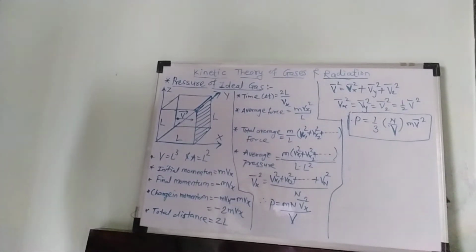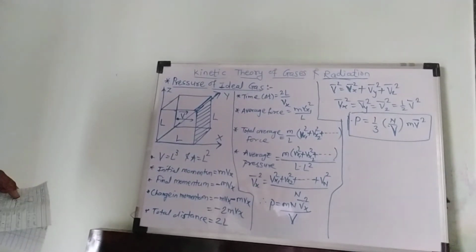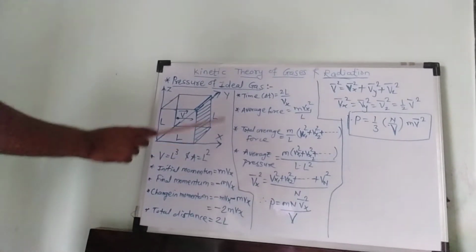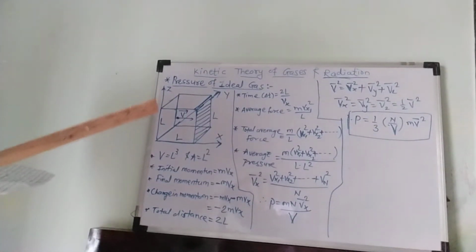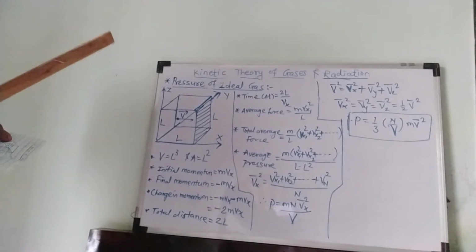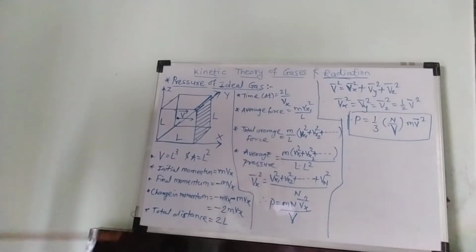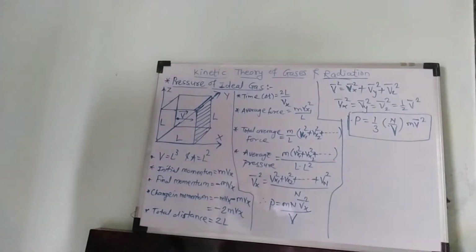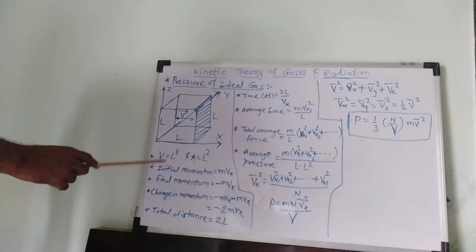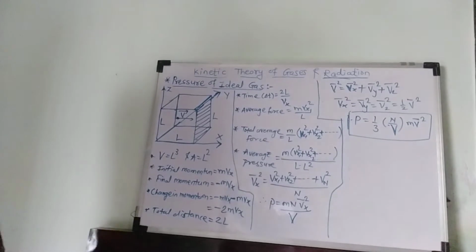Let Vx, Vy and Vz be the velocities of a molecule along the x, y and z axes respectively. m is the mass of the molecule. Then the initial momentum of the molecule along the x-axis is mVx, and the final momentum is minus mVx.